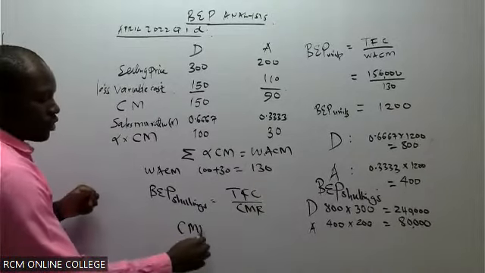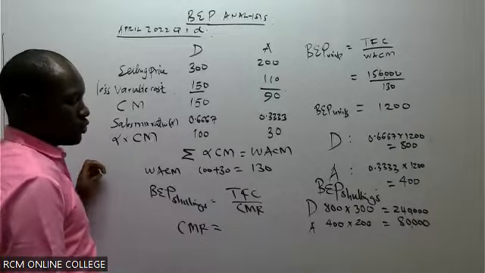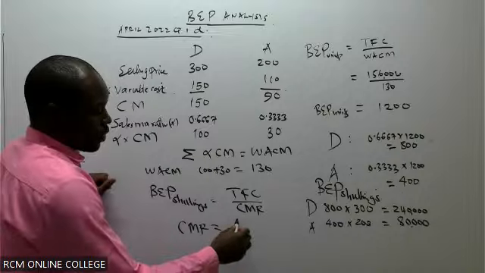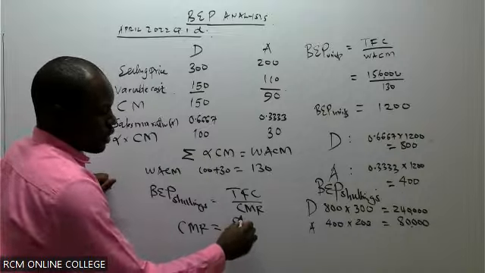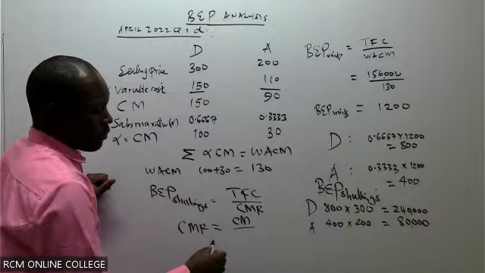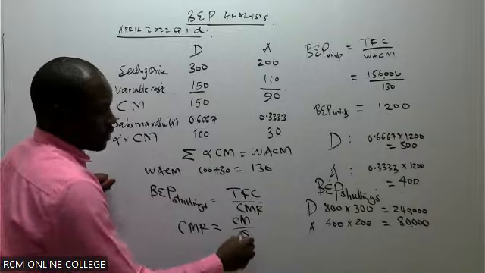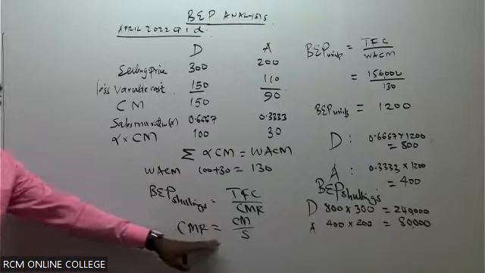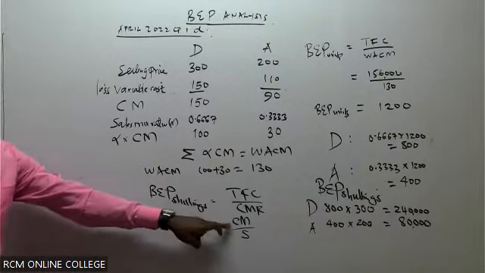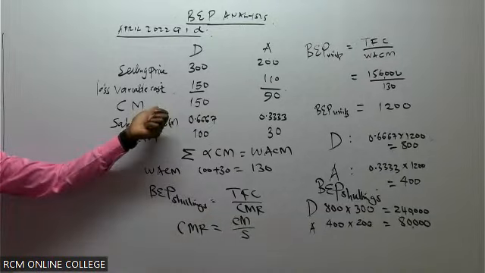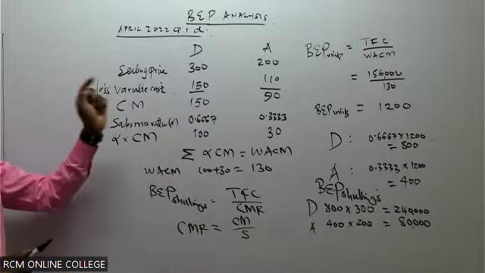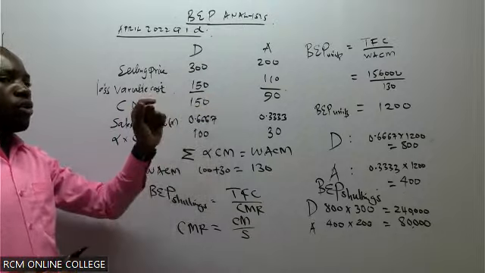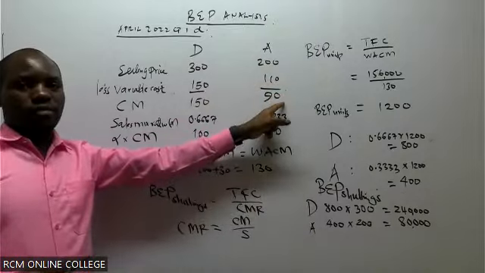We said contribution margin ratio is equivalent to contribution margin divided by selling price per unit. Is it? That's what we said is the contribution margin ratio. Now, look at the contribution margin here. My question is, are you going to take the contribution margin of product D, which is 150, or of product A, which is 90?